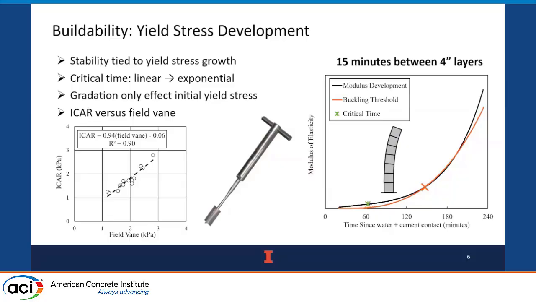Pretty good. You're getting an R-squared of 90% between this handheld tool with a much smaller sheared zone. With the ICAR, it's pretty impressive, I think, and the field vane definitely overestimates a little bit your yield stress, but it's nice to see, at least for quality assurance, the ICAR is not necessary for determining your yield stress.